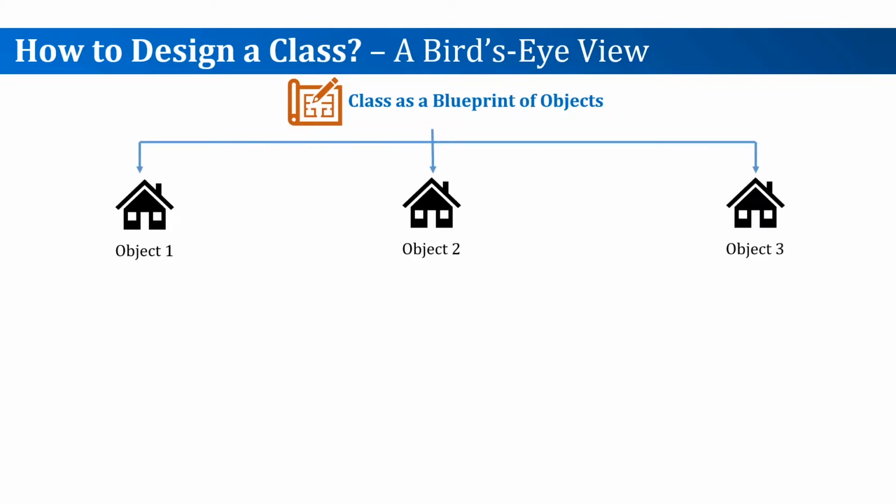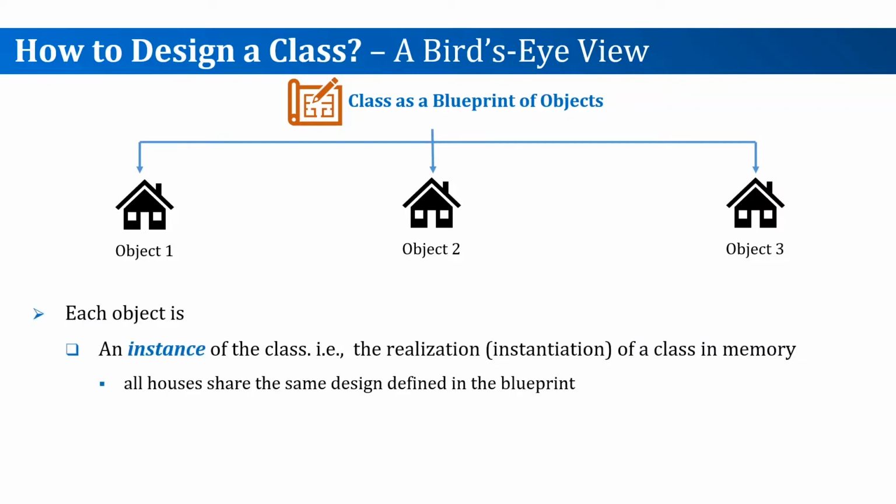Think of a class that represents a blueprint of a specific home design. We can use the same blueprint to build multiple home objects. And that's why we say that each object, or a home in this case, is an instance, realization, or instantiation of the class. All houses will share the plan defined by the blueprint. They have the same set of attributes and methods.